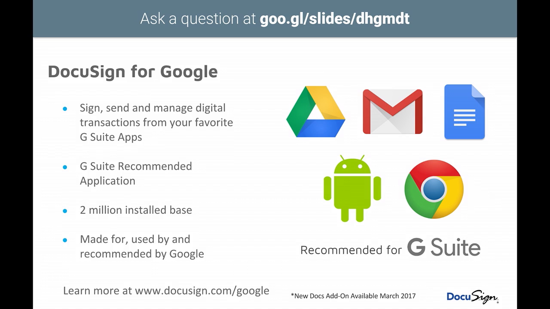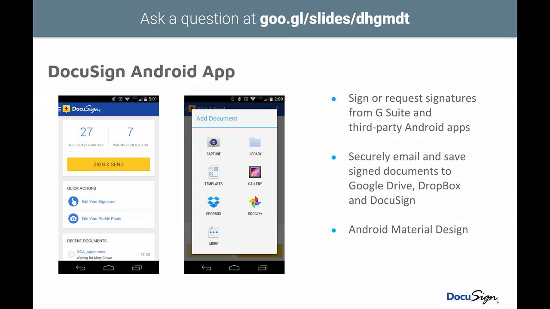I talked about us wanting to make every single approval, agreement, and decision-making process digital for our customers. We want to do that in everybody's favorite G Suite applications. So we have integrations with Docs and with Gmail. As Alan mentioned, we'll be having a Docs add-on coming at the end of this month. And we have an Android app as well.